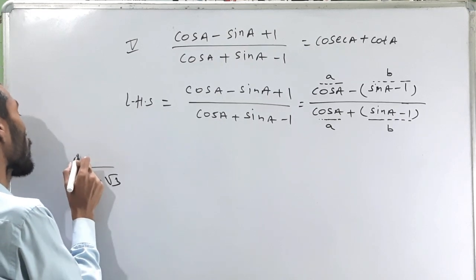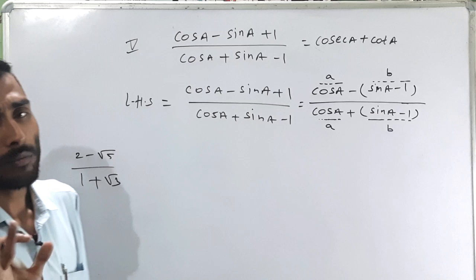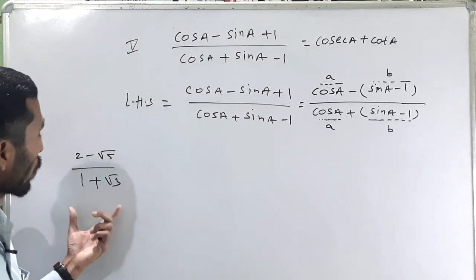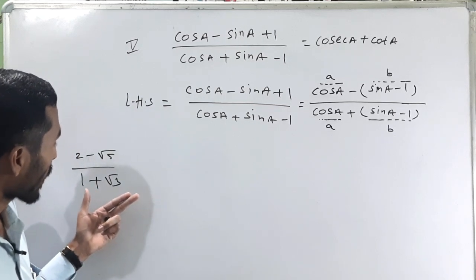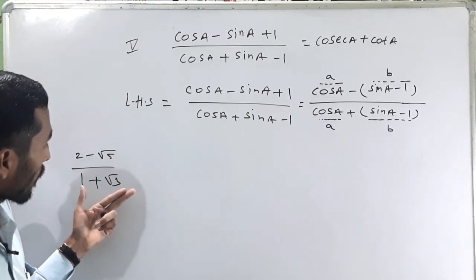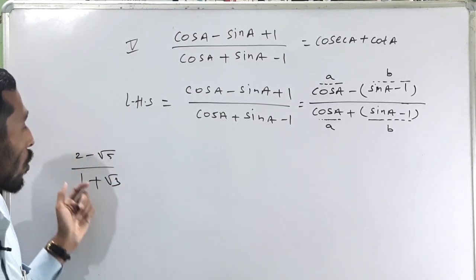And if there is 2 minus root 5, what should we do here? It depends on the question, on what has been given as a problem, whether we have to rationalize the numerator or the denominator.